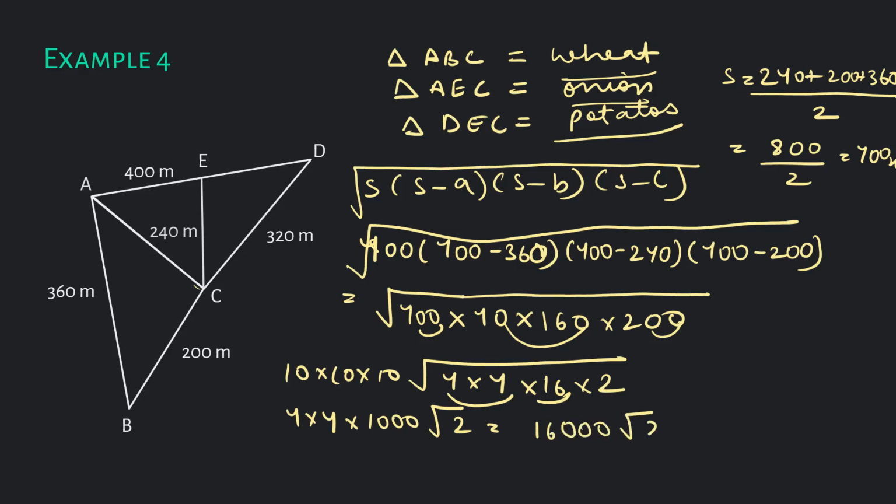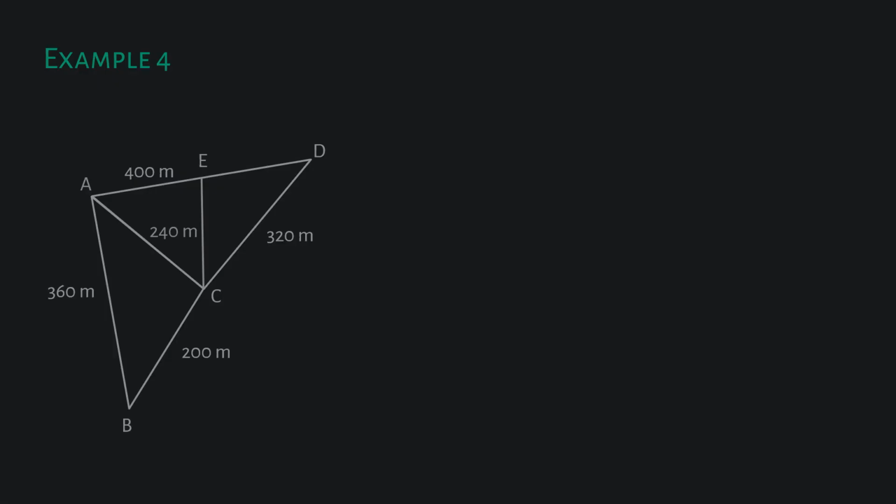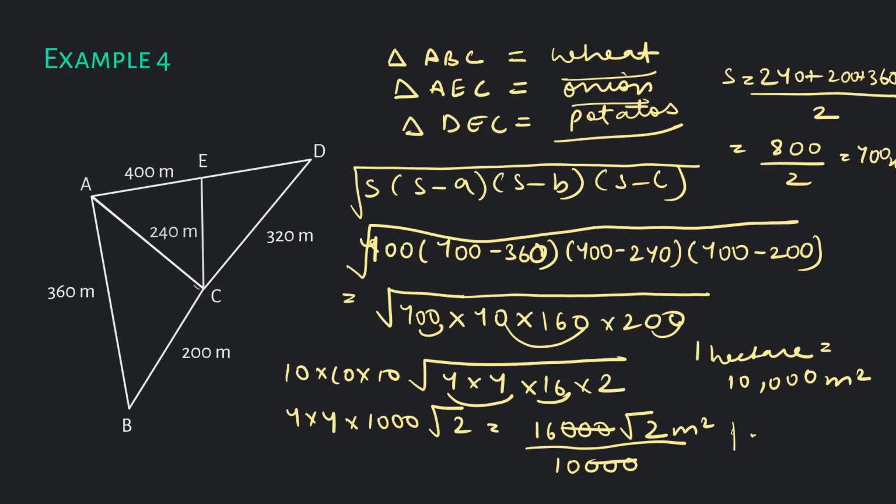16000 under root 2 meter square. To convert it into hectare, 1 hectare is 10,000 meters square. So we'll just divide it by 10,000, 4 zeros. So 3 zeros are cut and then we'll get our answer to be 1.6 root 2 hectare.